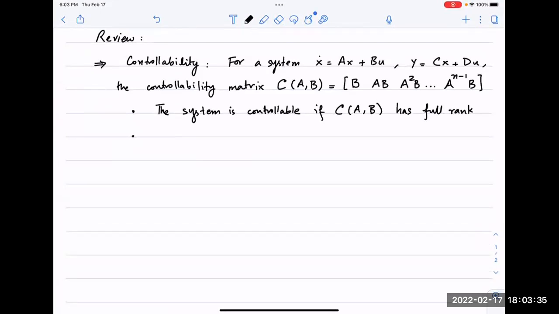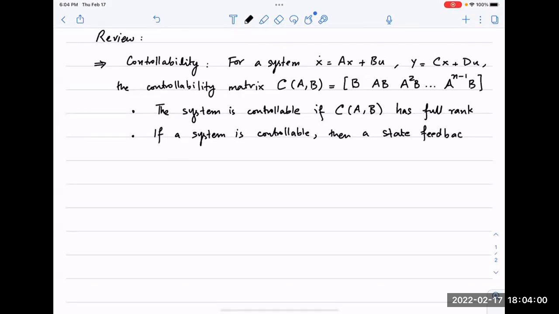If a system is controllable, then a state feedback controller can be designed.